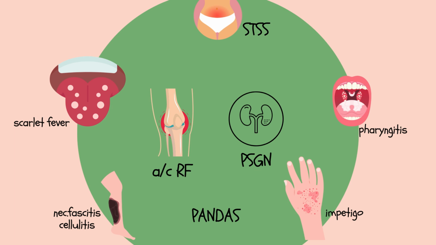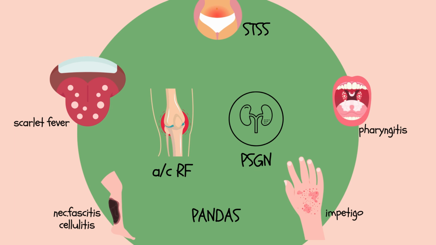It can cause necrotizing fasciitis and cellulitis. It can cause acute rheumatic fever and PSGN, that is post-streptococcal glomerulonephritis, which usually presents after 2 weeks of a simple throat infection. These are non-suppurative infections like acute rheumatic fever and PSGN. It can also cause streptococcal toxic shock syndrome, that is STSS.